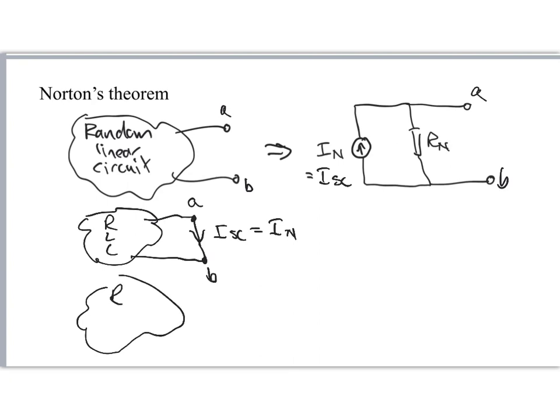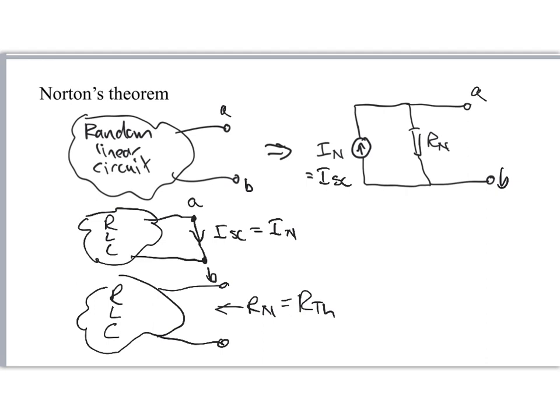And we find the Norton equivalent resistance in the same way as we found the Thevenin. So R Norton is equal to R Thevenin, where we set all the sources to 0 and find the equivalent resistance.